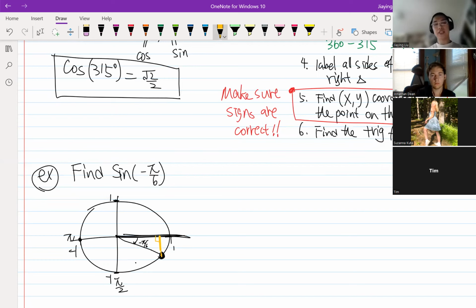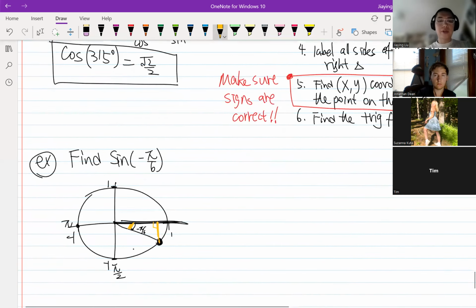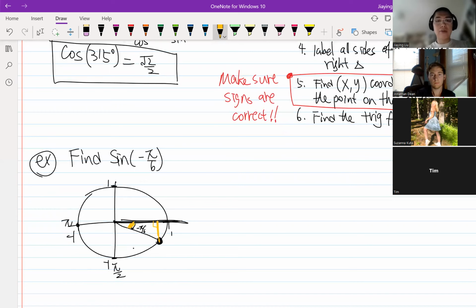Always go to the x-axis and create the right triangle there. After I've done that, I'm going to find the reference angle. It looks like the reference angle is the same angle, so no subtraction is needed. How big is this angle? Now we're not looking at the negative angle, we're just looking at how big it is. That's going to be 30 degrees, because the actual angle is negative pi over 6. So the reference angle is 30 degrees.